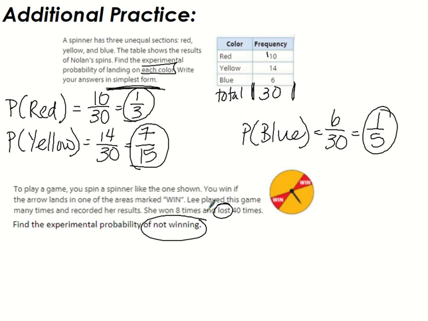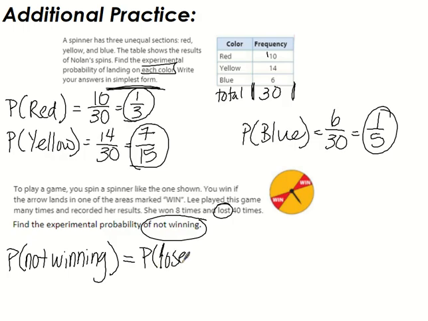All right, pause. You see if you can do the whole process this time, right? So I'm not going to do anything. We want to find the probability of not winning, which we would also call the probability of losing. Losing, no E, I-N-G. All right.